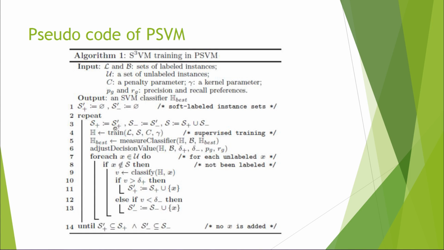First it will put the labeled instances A and B into the positive and negative sets, and then it will train on the A set and adjust on the B measure set, and then it will classify the unlabeled set and put them into the positive and negative sets.